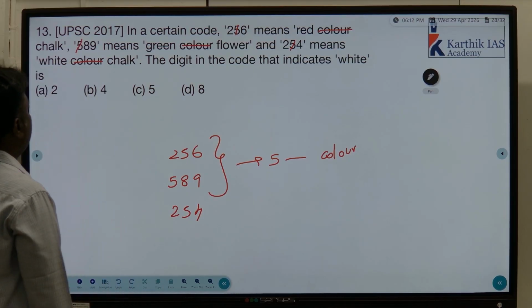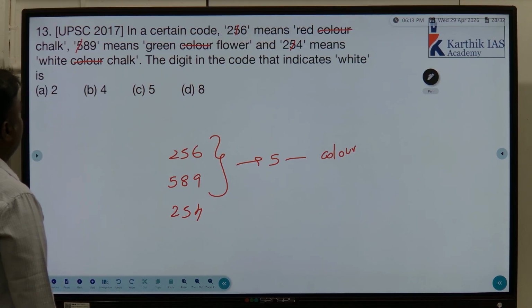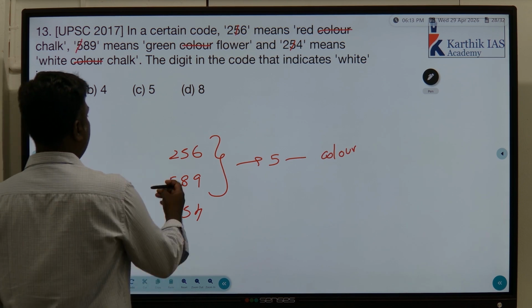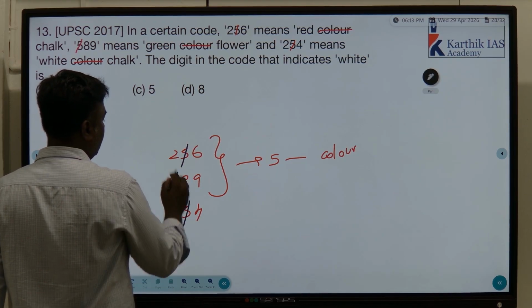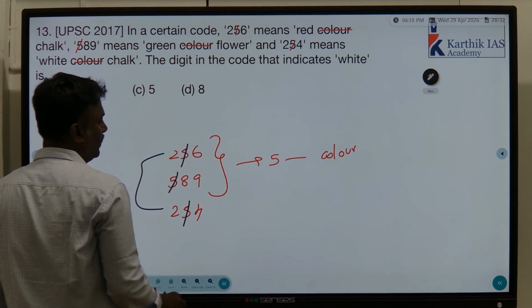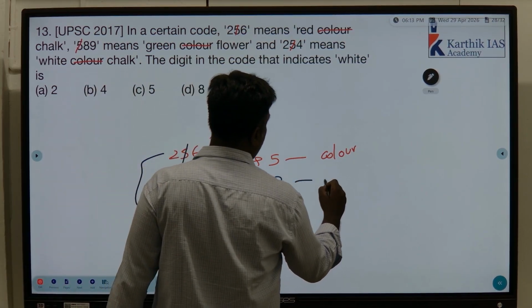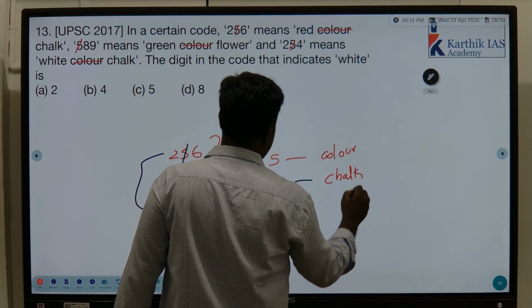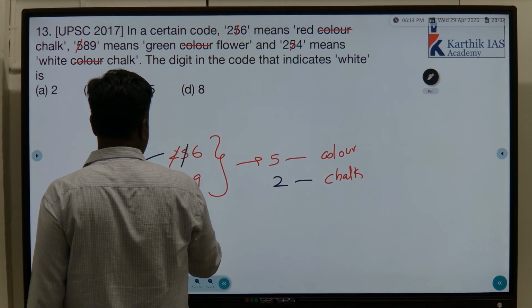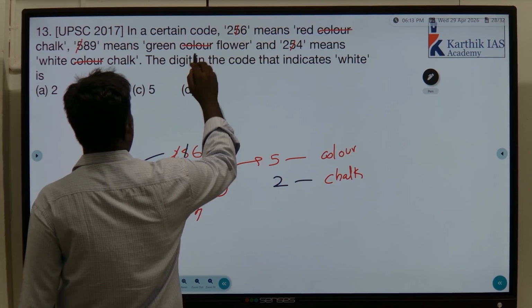Understand? Red chalk, white chalk. First 2 and 6. So here I am cancelling 5. Now if I compare these two, 2 means what? Chalk. So once you find 2 means chalk, cancel it. Chalk you cancel.